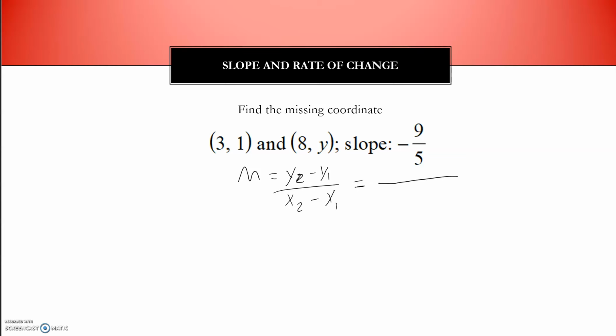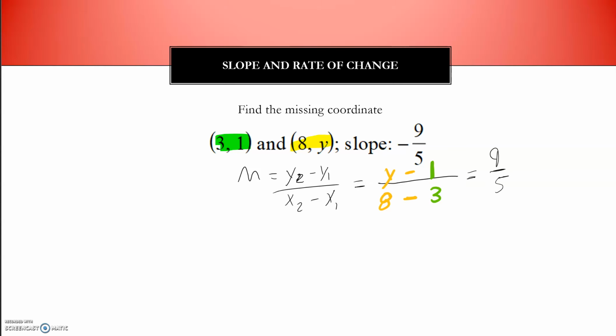And then I'm going to plug in the different pieces. So y, and then I'm going to have minus, and then I'm going to have 1. And then on the denominator, I'm going to have 8 minus, and then I'm going to have 3. And that is going to be equal to 9 over 5.